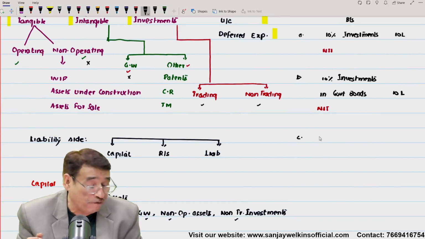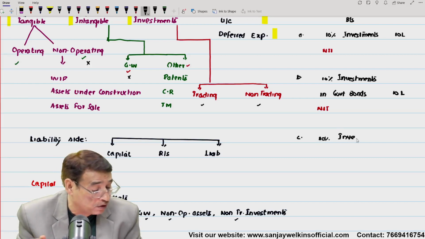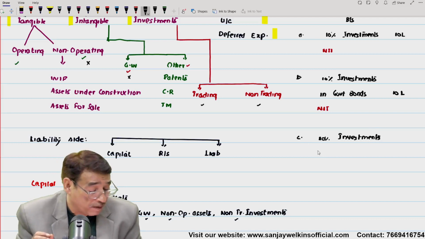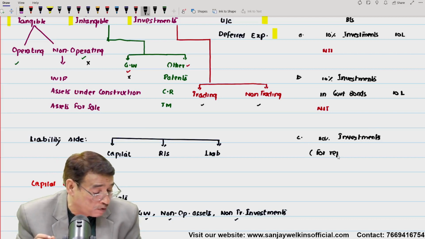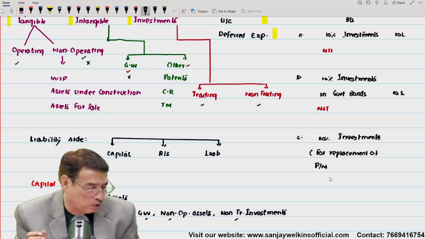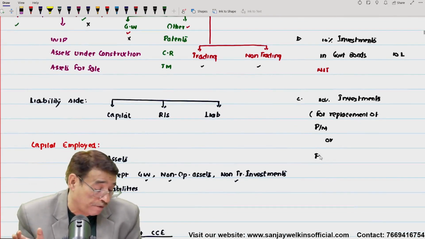Suppose it would have been written in this manner: 10% investments, and in brackets it would have been written, for replacement of plant and machinery, or it could have been written in this manner: 10% investment for redemption of debenture.